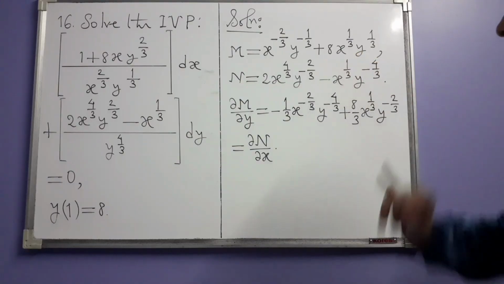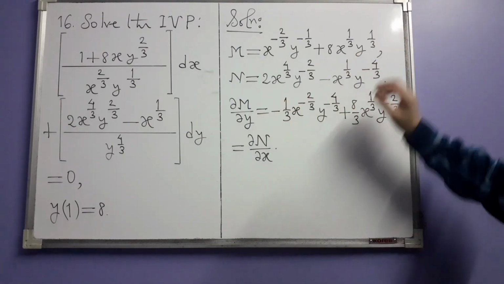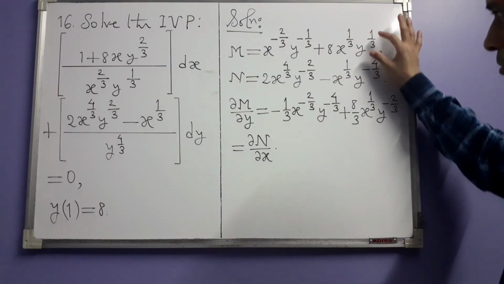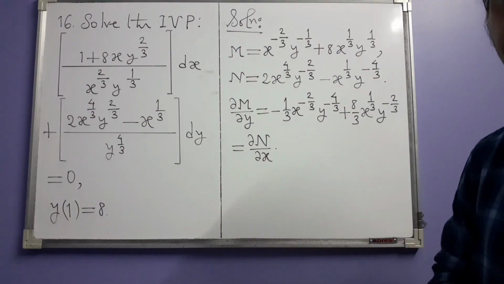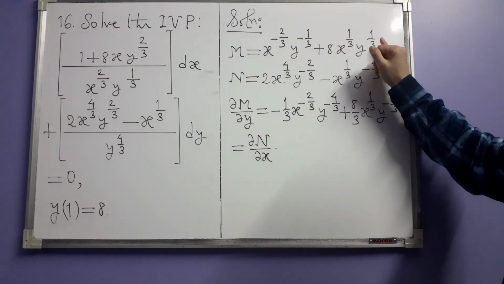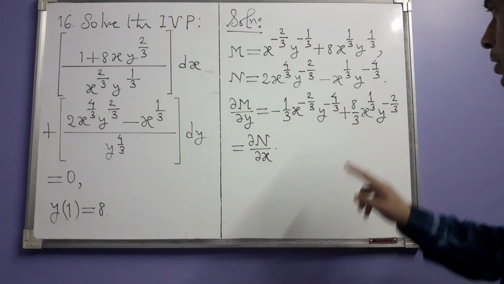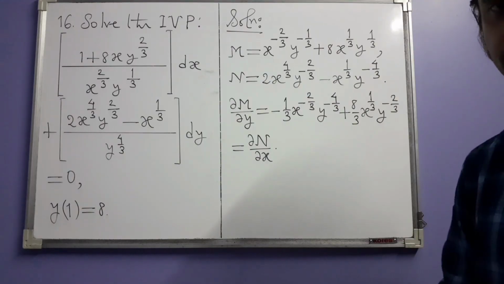And then the second term gives you what? We are differentiating with respect to y, so this will be considered constant, and this time again 1 over 3 comes down. There minus 1 over 3 came down and gets multiplied with 8, and 1 over 3 minus 1 is minus 2 over 3. So that way you get this one, and x to the power 1 over 3 stays here.